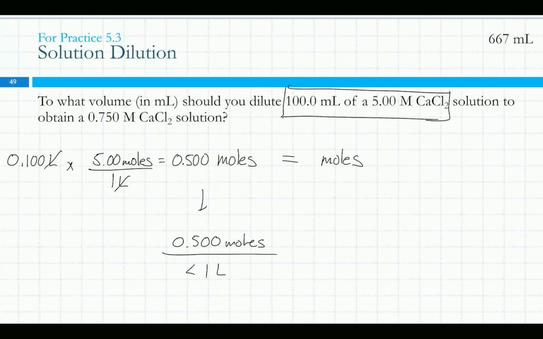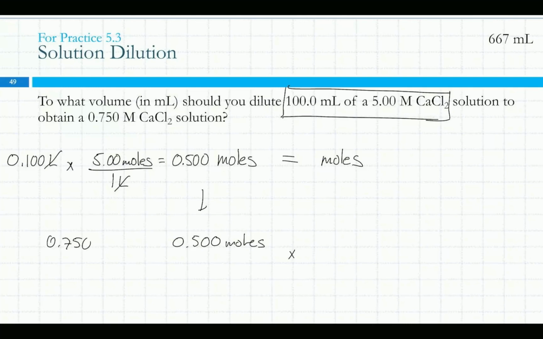This is where we can use the fact that we want this concentration, because molarity is moles per liter. So I want to know the liters, because we don't know what this part is. I'm starting with 0.500 moles.